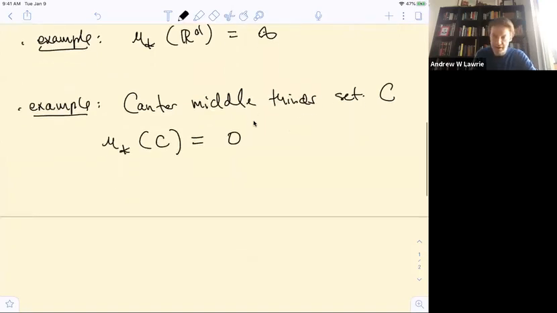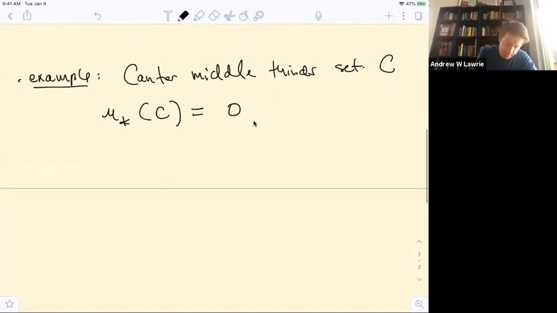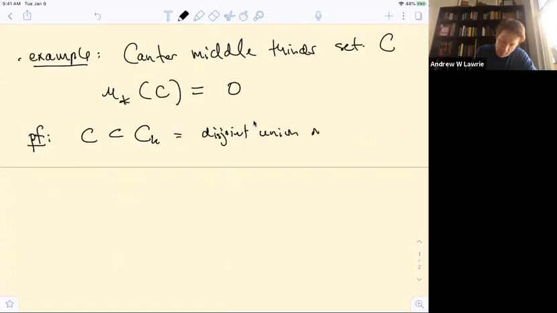So the Cantor middle third set has measure 0. And the proof of this last example is just that C is inside of each of the finite collection of intervals C_k, which is a disjoint union of 2 to the k cubes.